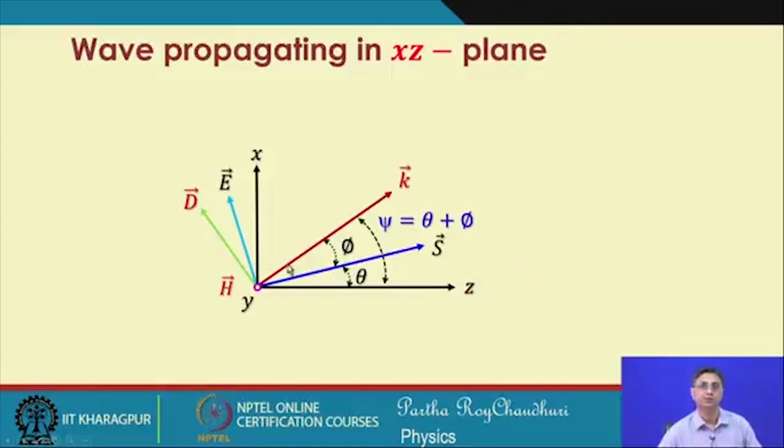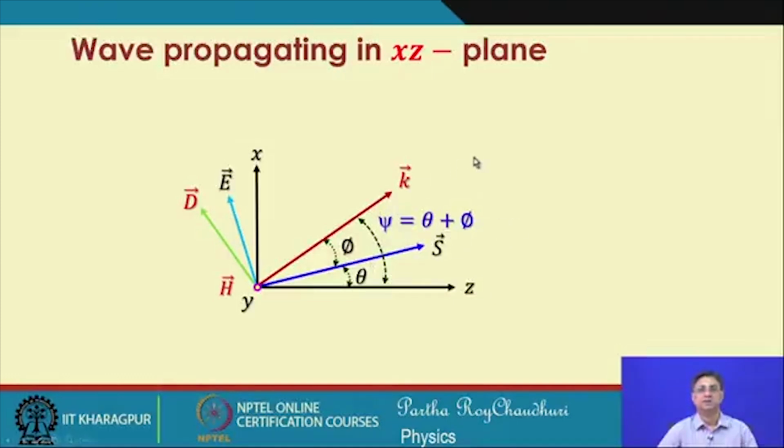And now, we will consider the other situation, that is when the wave is travelling in a general direction in the x z plane, that is, it makes an angle psi equal to theta plus phi, where theta is the angle the pointing vector makes with the z axis, and phi is the angle that the ray direction and the wave direction make with each other.